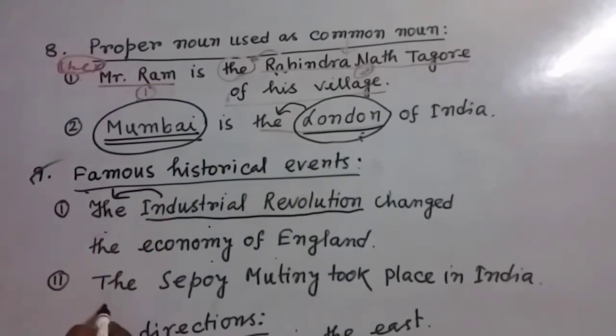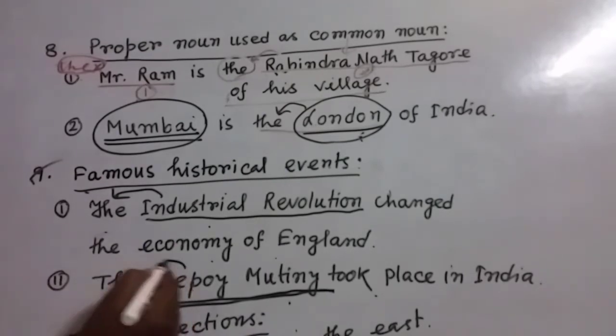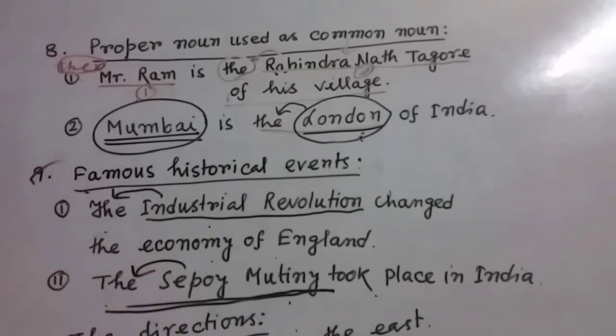The same thing here: the Sipai Mutiny took place in India. The Sipai Mutiny is one of the most important mutinies, one of the most important revolutions in India. So it has a historical importance. So before that we have used the term the.